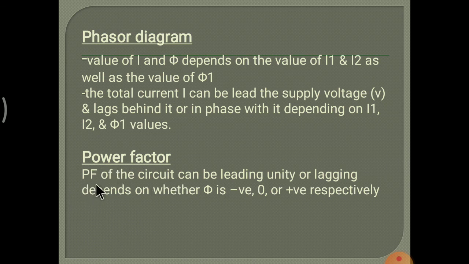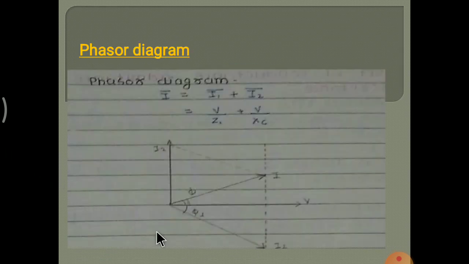The power factor of the circuit can be leading, unity or lagging. Because if I is leading to V and angle phi is positive, then the power factor is leading.